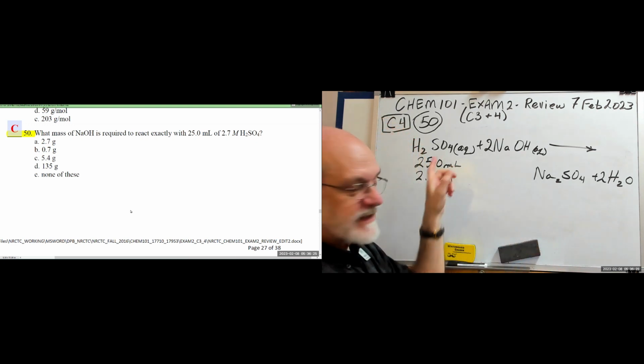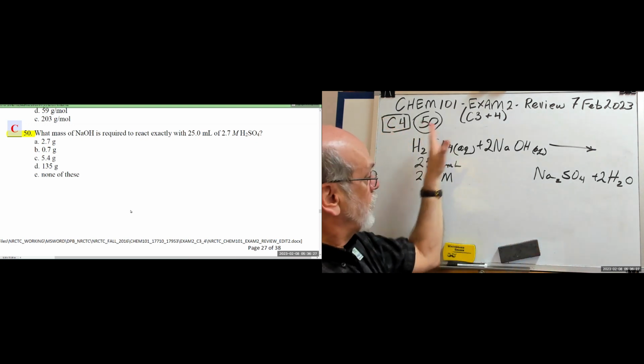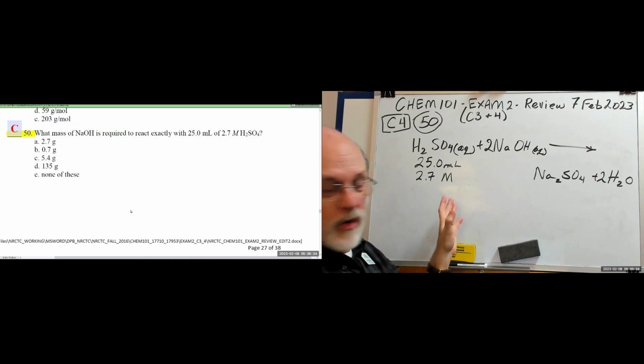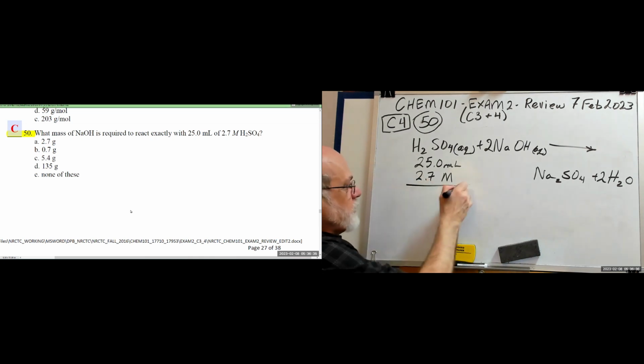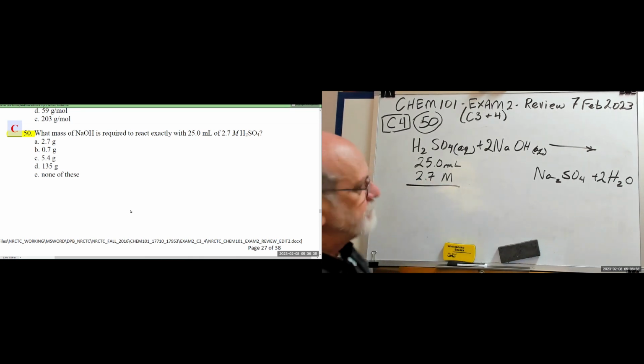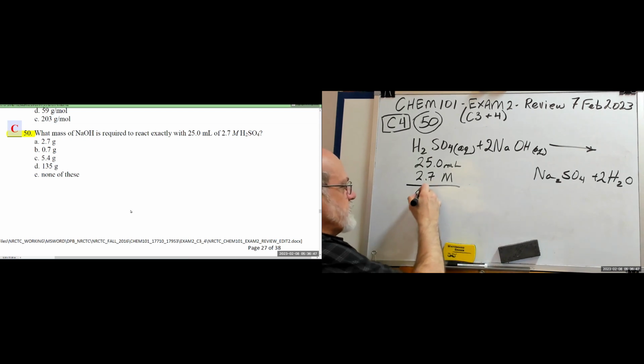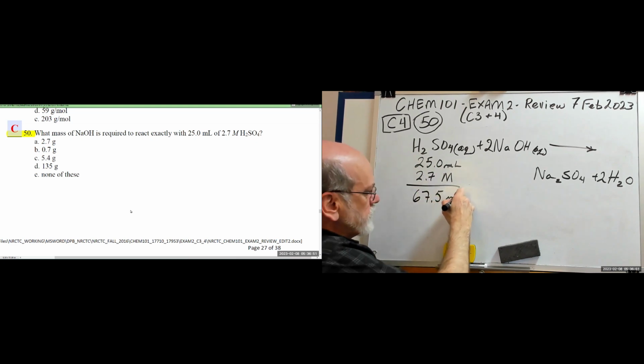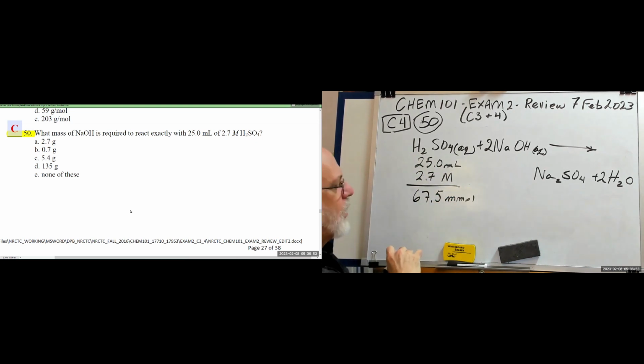So you can either change that to liters to find out how many moles of sulfuric acid are available, or you can go ahead and multiply these 2 together and get millimoles. 67.5 millimoles is how many moles?